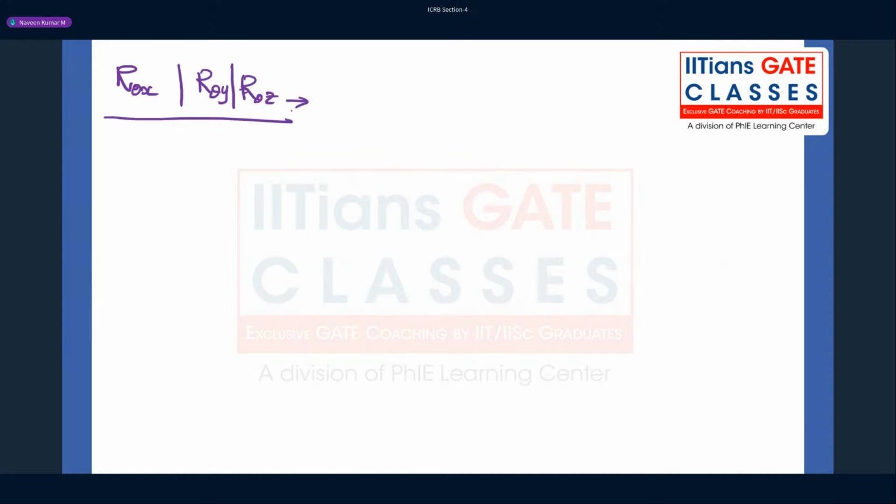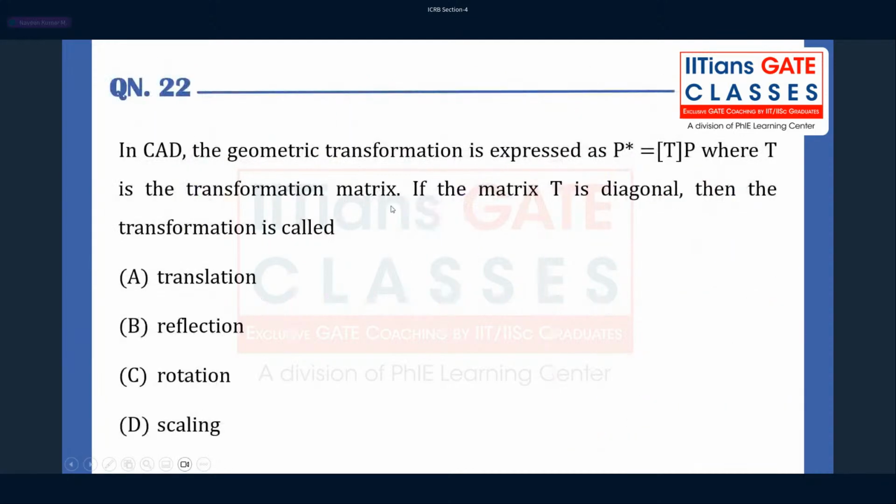Here also off diagonal elements are present. I'm not writing it, you can go and search it. But this is not the right answer, right? So rotation also is gone.